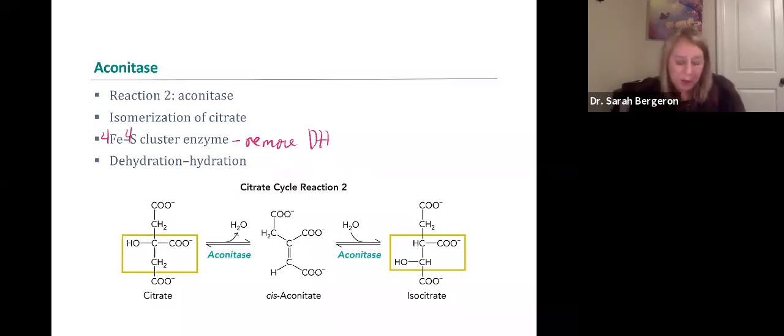So if we look at the conversion of citrate to cis-aconitate, what we're trying to do is remove hydroxyl groups, right? So we're going to remove this, and we're going to get a double bond between the 2 carbons. Then once we have that double bond, we can undergo a hydration reaction and create the isocitrate. So it's really just preparing the molecule for the next steps in the reaction.